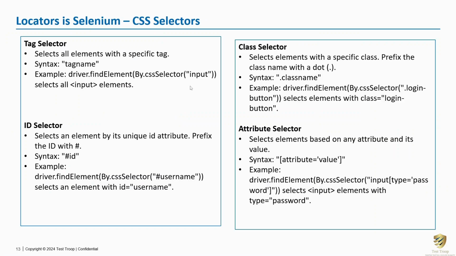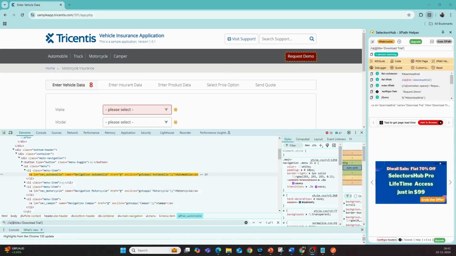In case you want to use a CSS selector along with the ID attribute, then you will have to use it as a hash followed by the ID. For example, if you have an element with an ID as username, then you can use find element by CSS selector hash username. Let us go to our web page and see how to use this.